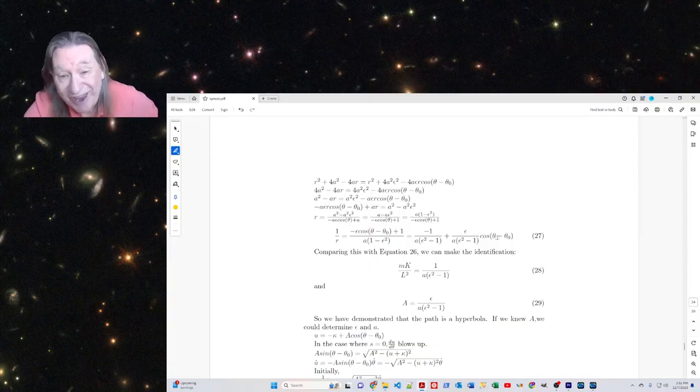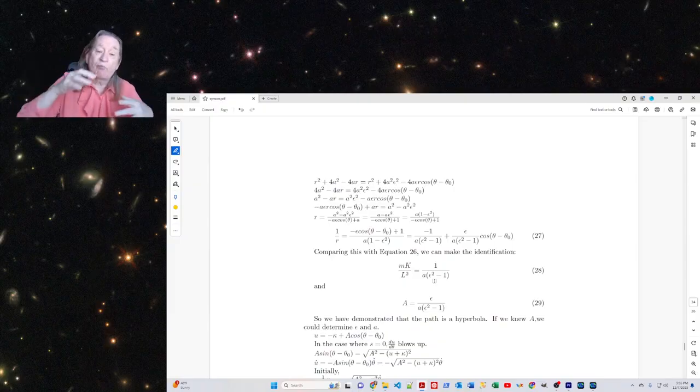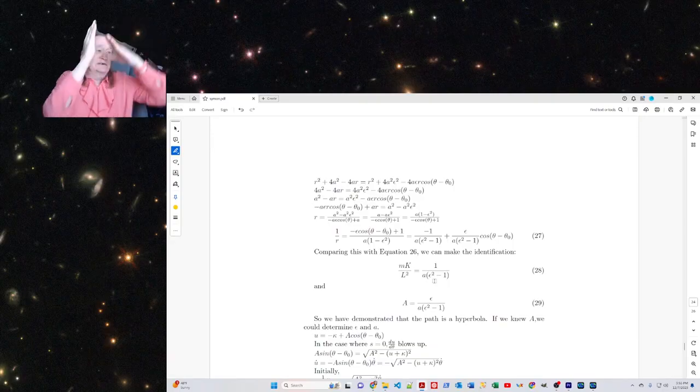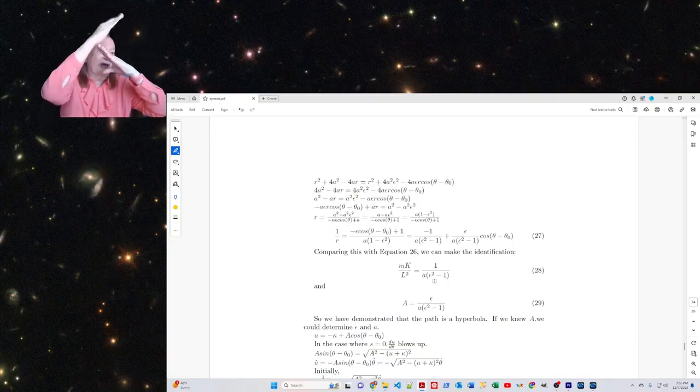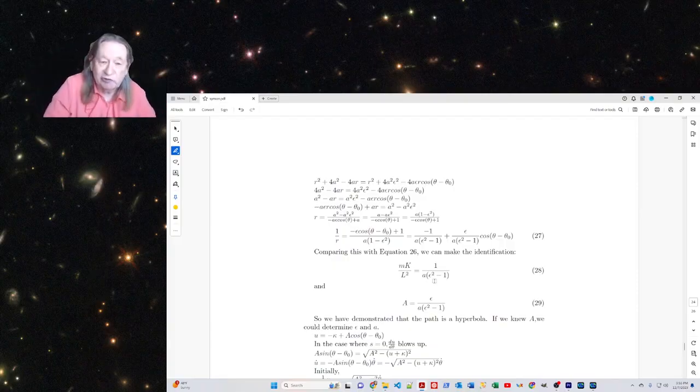Well, this is exactly the form of the solution to our differential equation. So I've demonstrated that a hyperbola satisfies the equation, and in fact, A and epsilon govern the shape of the hyperbola, because you can have a hyperbola that's almost straight, or you can have one that's scrunched down like that, and epsilon controls that.